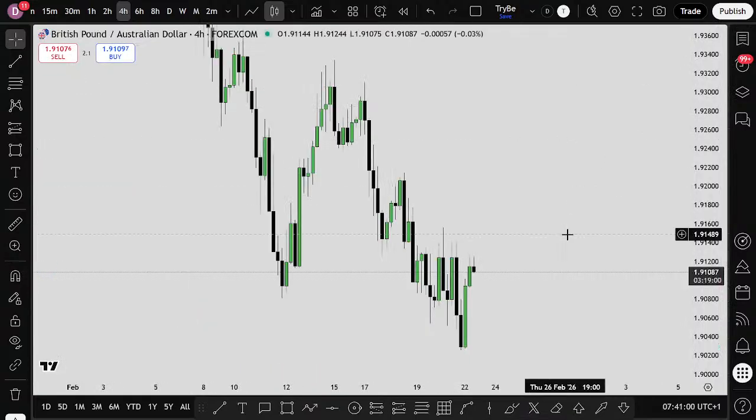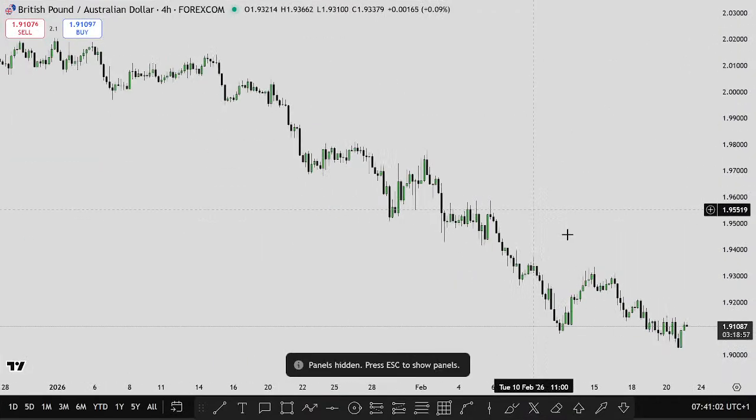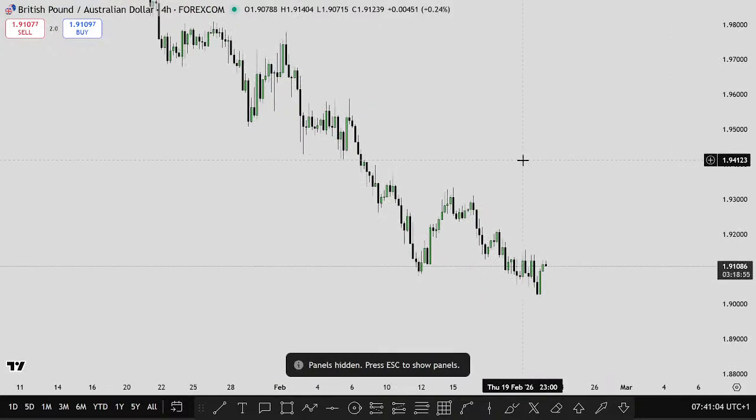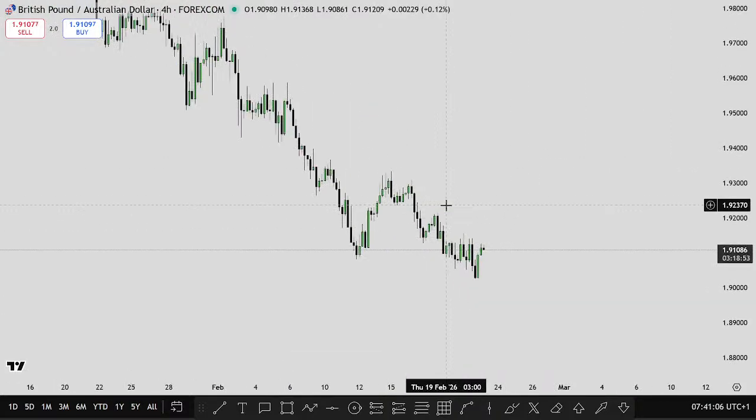Now for GBP/AUD, price is as bearish as it is, and for a market like this, if you're ever looking at it, you should be expecting something already. Like me barely looking at it now, I'm expecting that there might be a trend line liquidity in these levels, because if you look at this particular one here, you can see the way it was ranging in this level.